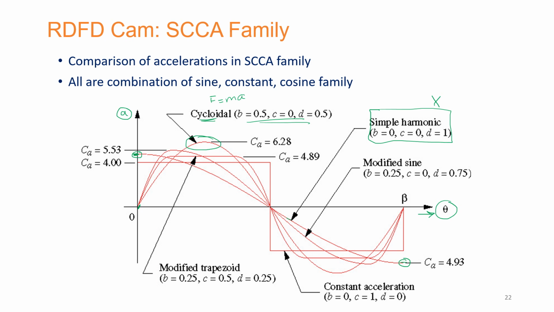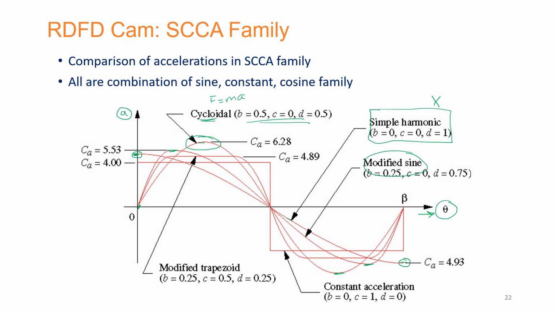If we take the other one, for example, there is this modified sine indicated right over here. You can readily see that the maximum acceleration is much lower than the acceleration observed on the cycloidal. So this is lower than the cycloidal acceleration. So that's good.